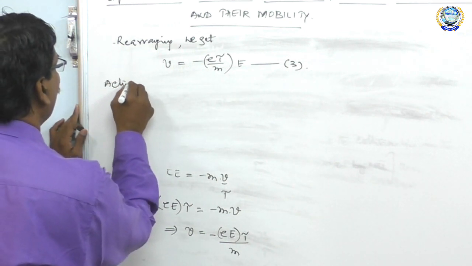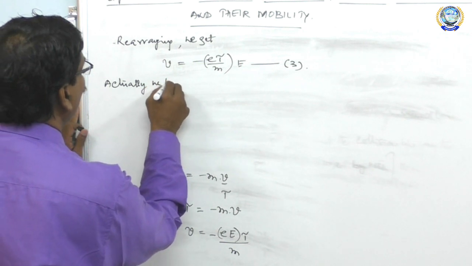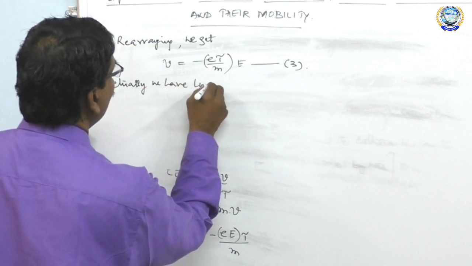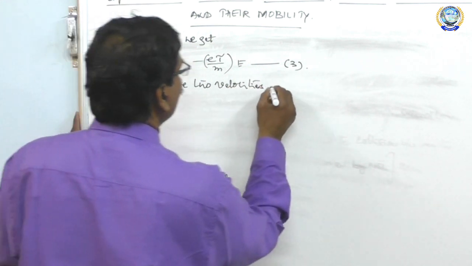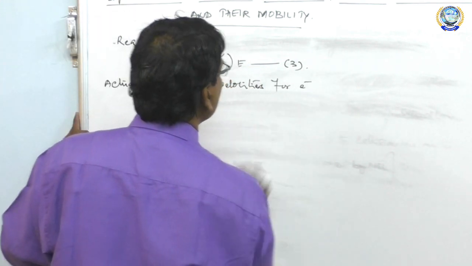Actually, we have two velocities for electron.